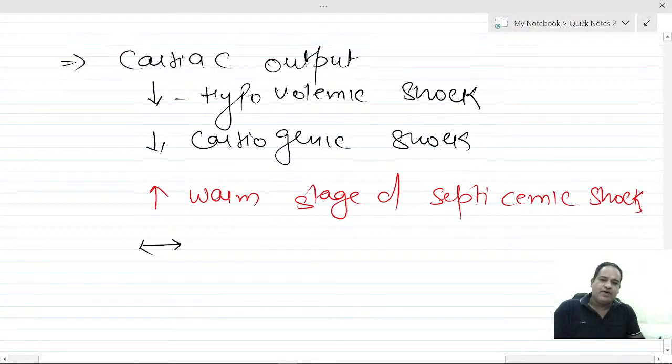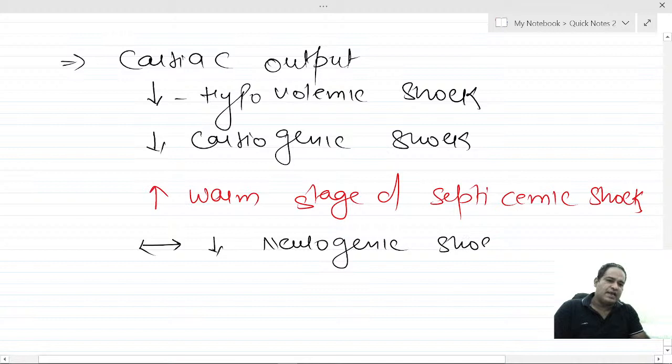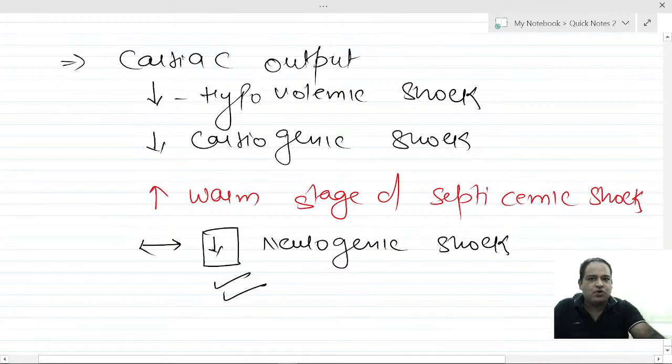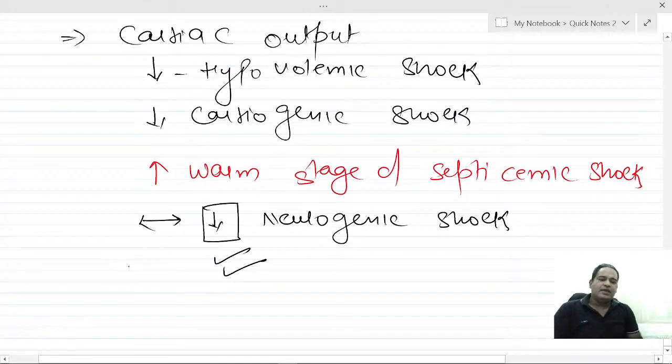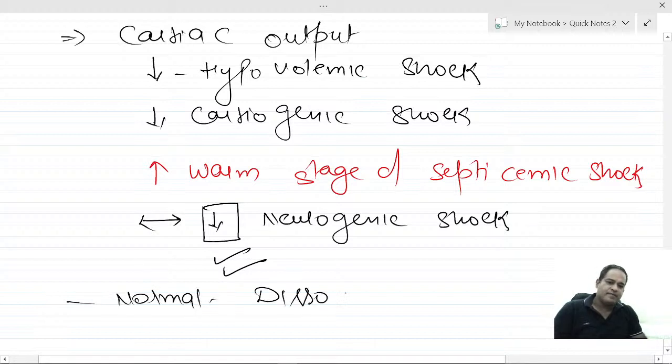May be normal or decreased in neurogenic shock. More chances of it getting decreased. It is normal in dissociative shock.